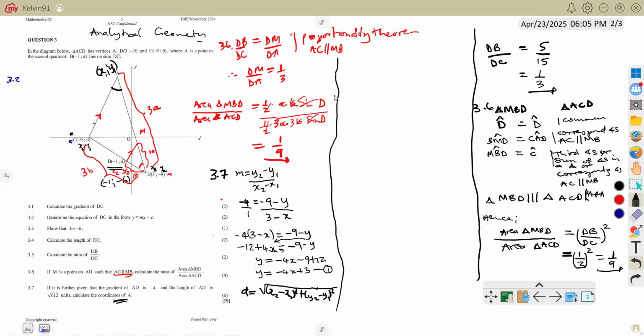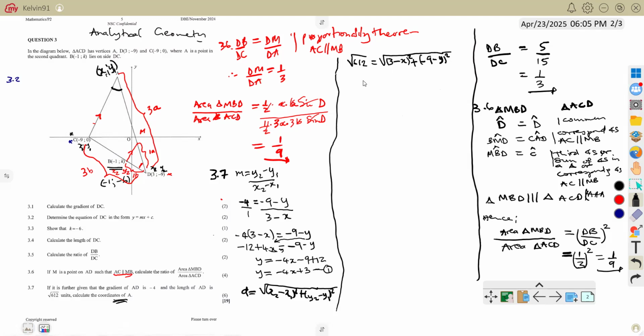So if we do the substitutions, the distance of AD, we are told it's root 612, is equal to the square root of 3 minus x squared plus, here y it's minus 9, so minus 9 minus y squared.